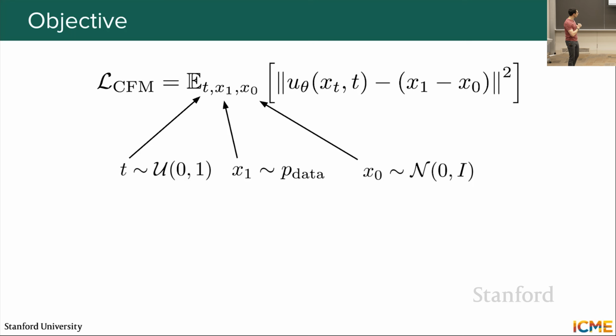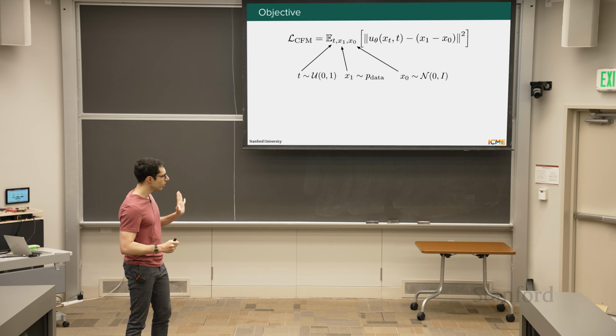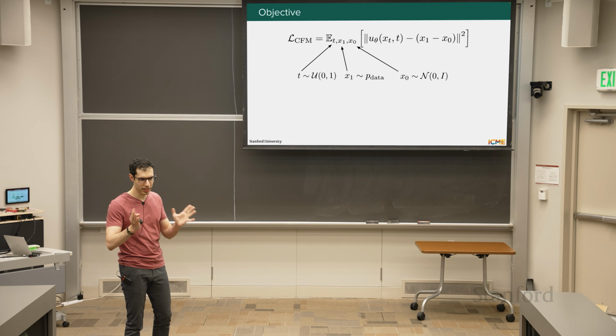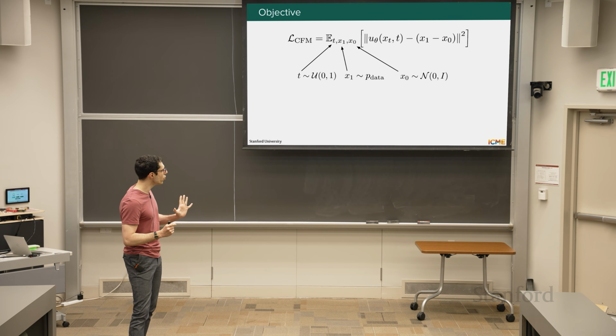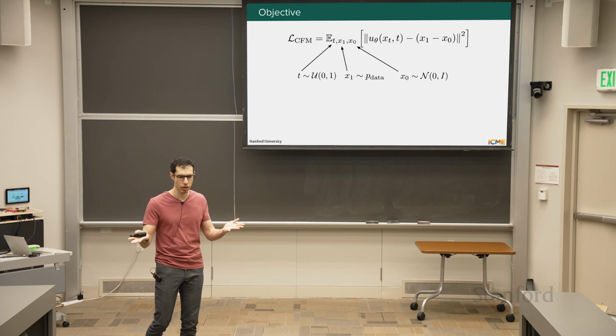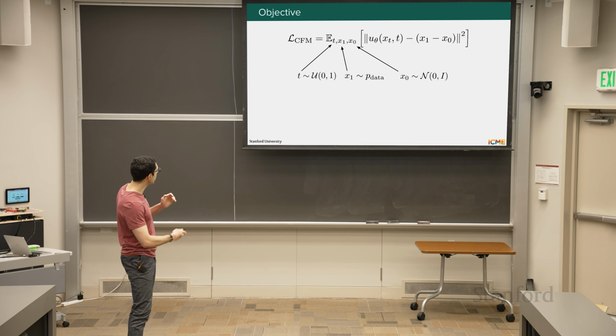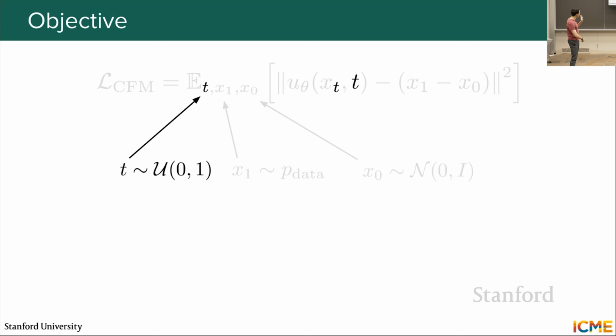So let's look at this loss. Here, what we're doing is optimizing on the parameter theta such that we minimize the loss on the slides, in particular by taking the expectation over time steps, over data points in the training data, so P data, and over noisy observations that are part of a Gaussian distribution. And in particular, we were taking t drawn from a uniform distribution.